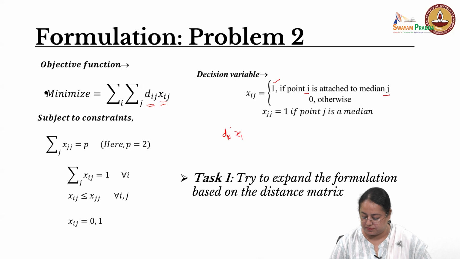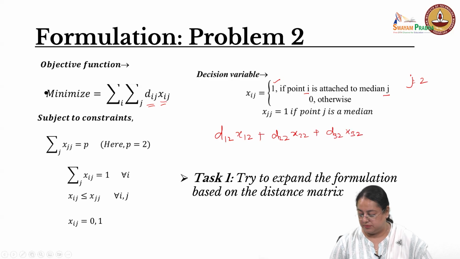So d11 x11, that means j equal to 2, d12 x12, d22 x22, d32 x32, and so on.